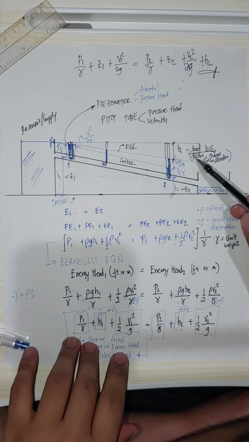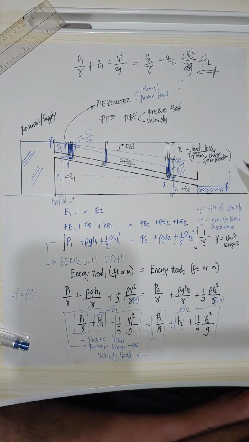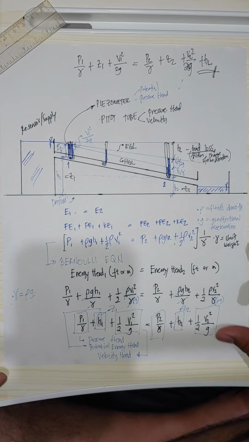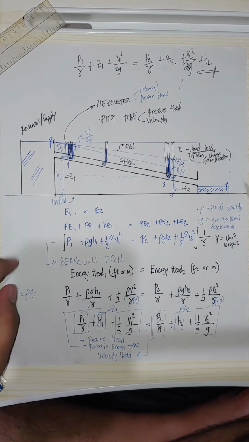The head loss is due to friction, so there is a change of energy. This is the concept of Bernoulli's equation: the energy at 1 should be equal to the energy at this side.